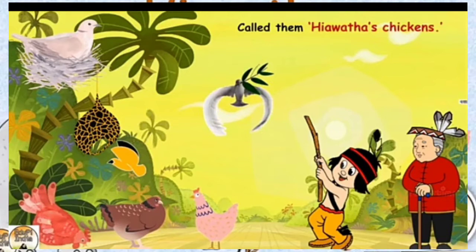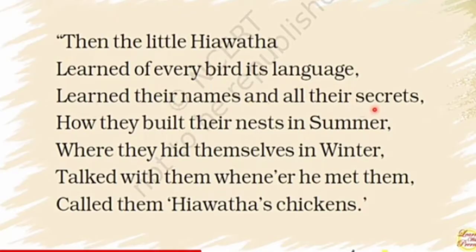So, what does this stanza say to us? The little Hiawatha learned the language of all the birds. He learned the names and their secrets. What are the secrets? How the birds built their nest in summer season and where they hide during the winter season.